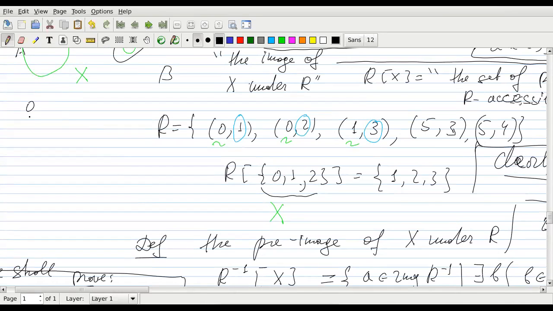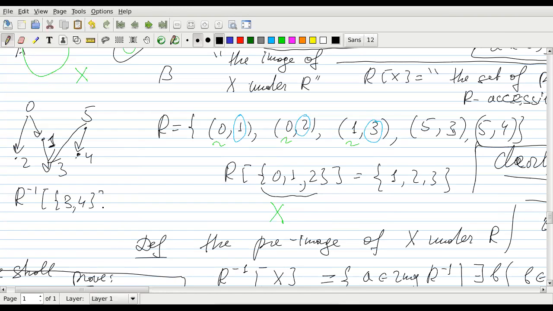Here we have arrows from 0 to 1, from 0 to 2, from 1 to 3, from 5 to 3, and also from 5 to 4. This is the diagram for R. Do you agree? Yes. And now let's take the pre-image of, say, the set which consists of 3 and 4.